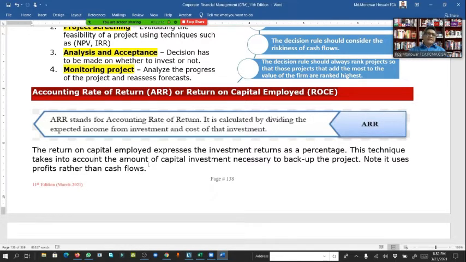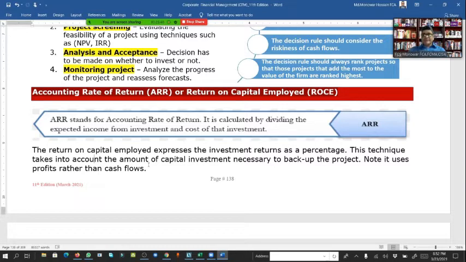ARR stands for accounting rate of return, and is calculated by dividing the expected income from an investment by the cost of that investment, expressing the return on capital employed as a percentage. This technique takes into account the amount of capital investment necessary to back up the project.